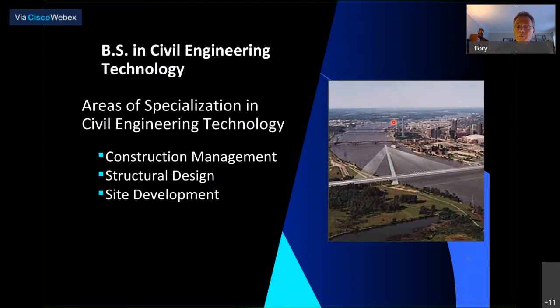We have construction management, we have an area in structural design, and an area in site development. Basically, the first several years in the program have very common core courses. And then when you get to the end of that junior year and throughout the senior year, that's where you see specialization in these three areas, and the student's ability to choose one of these three.